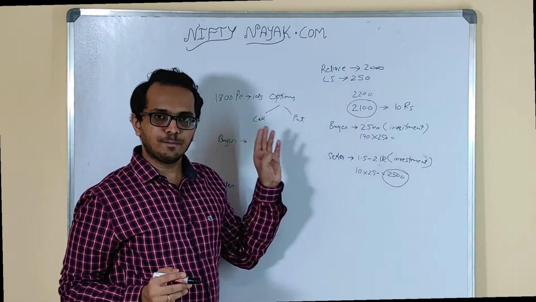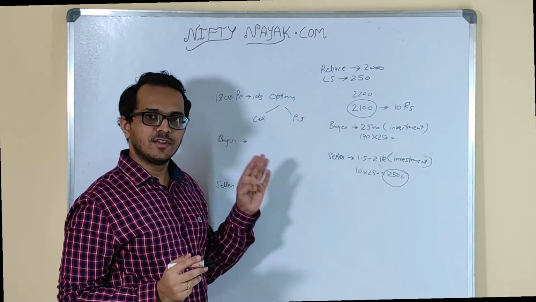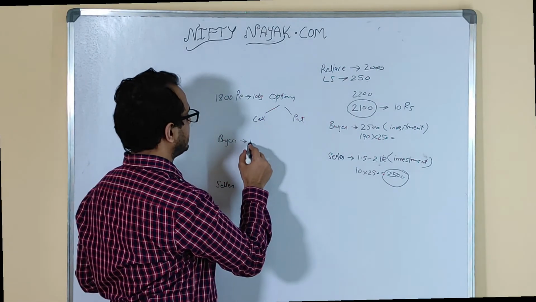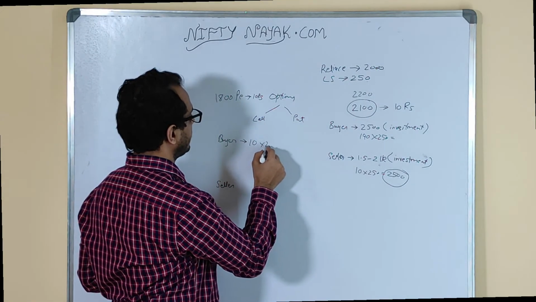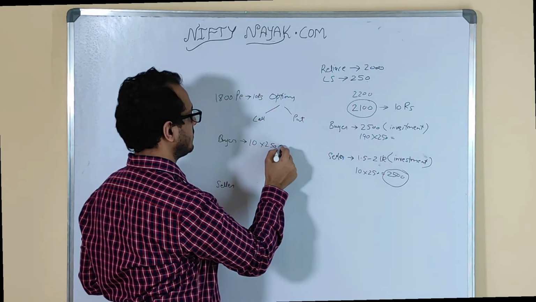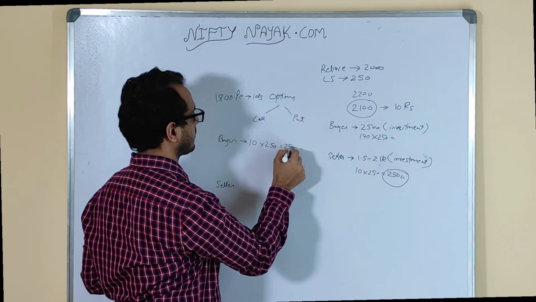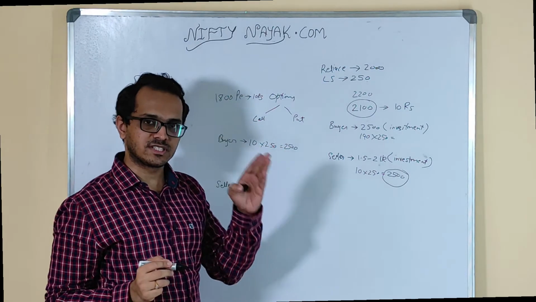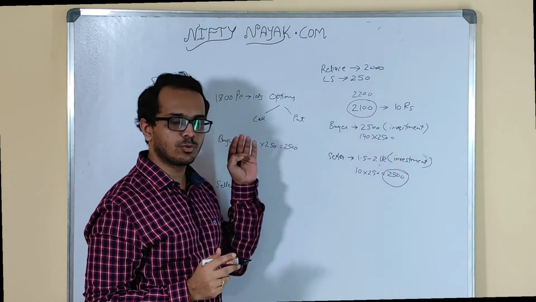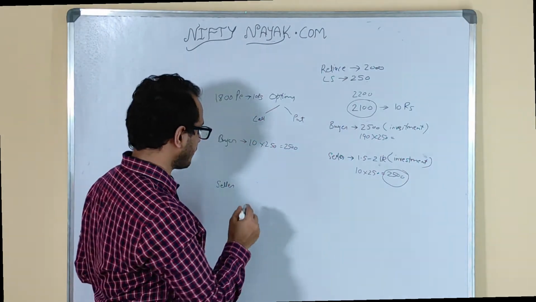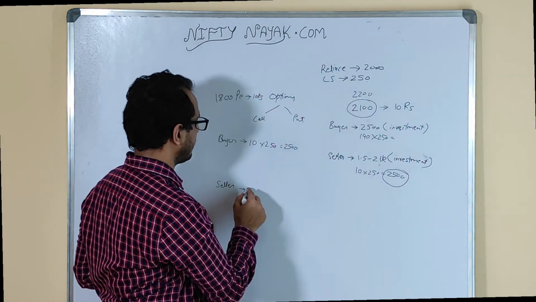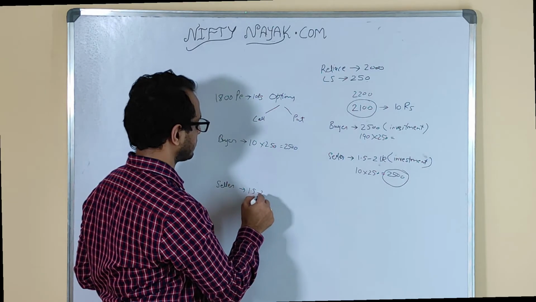So now as an option buyer, the investment which is required is just 10 into 250, which is the lot size, which is nothing but 2500. Whereas for a seller, even if he is selling a 1800 put for 10 rupees, the investment needed will be 1.5 to 2 lakhs.